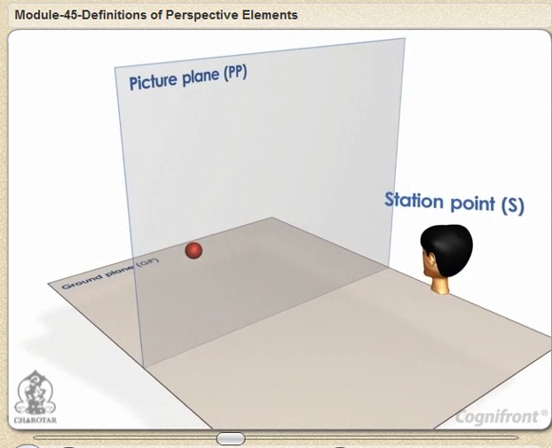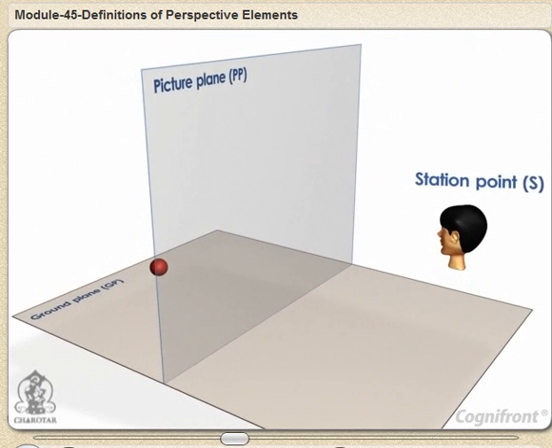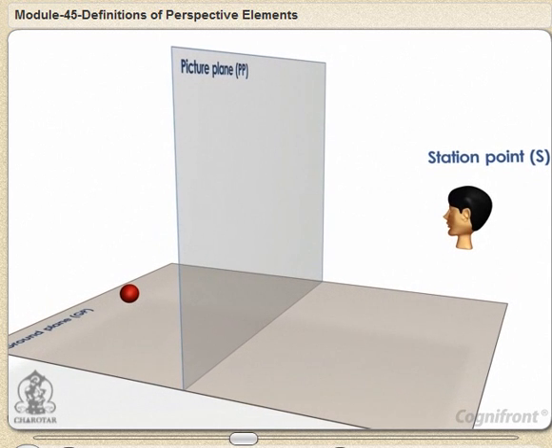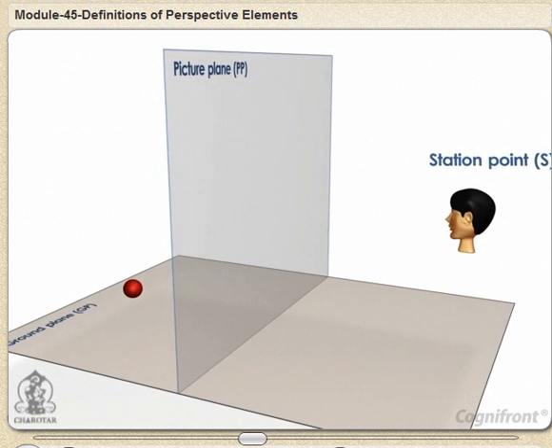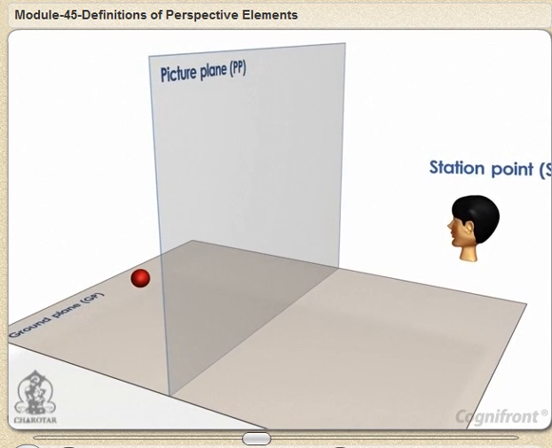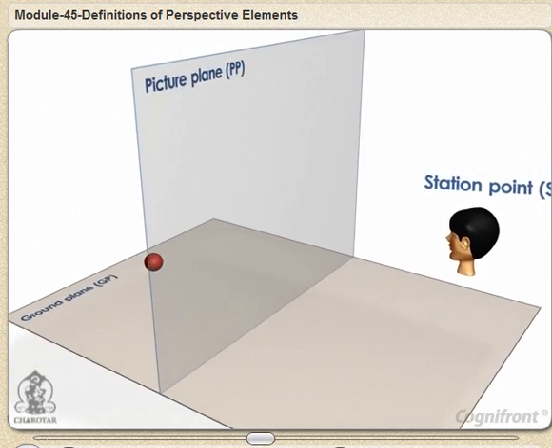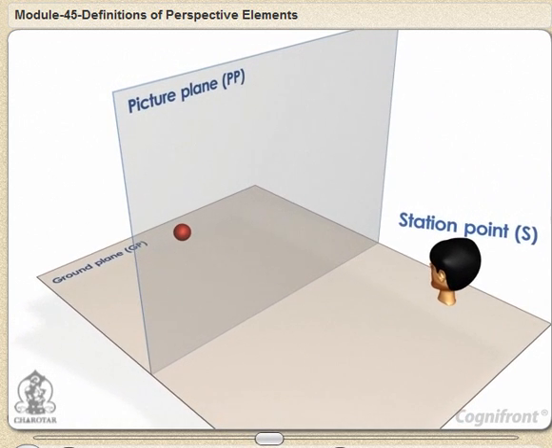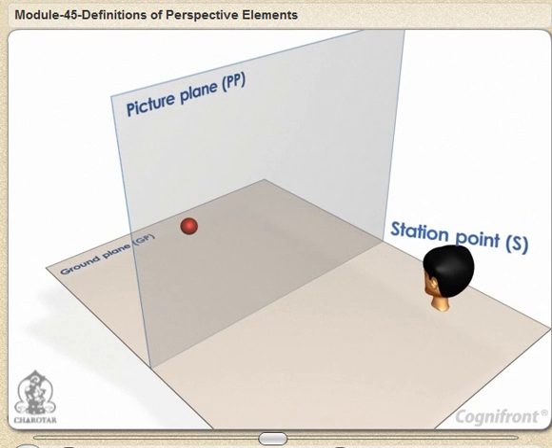It is a vertical transparent plane located between the station point and the object which is to be viewed. It is the plane on which the perspective is formed. The front view of perspective elements and of the object, if necessary, is also projected on this plane.